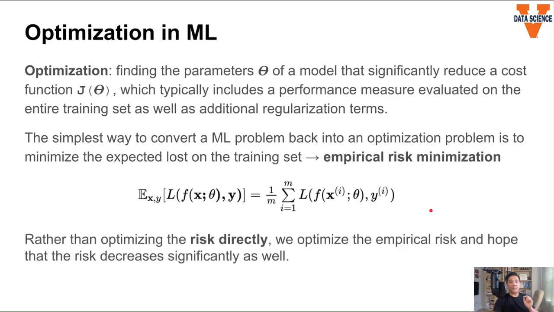But instead of optimizing the risk directly, which is very difficult because we can never collect all the x and y, we optimize the empirical risk, which is collected based on our training set. And if we optimize this empirical risk, hopefully we are able to decrease the actual risk as well.